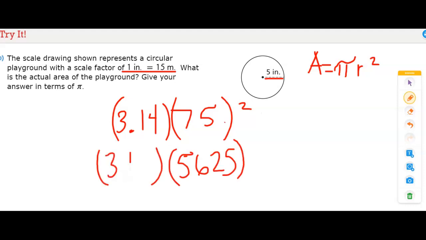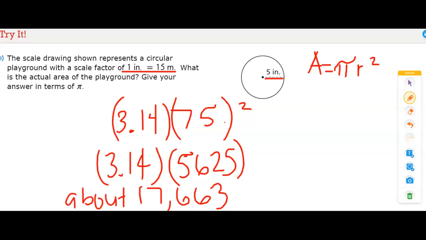Now we're going to multiply that by 3.14, and we get 17,662.5. That's going to be an approximation because pi is not exact. I round it to the nearest ones place because it gave me a decimal but I wanted a whole number. So it's about 17,663 meters squared.